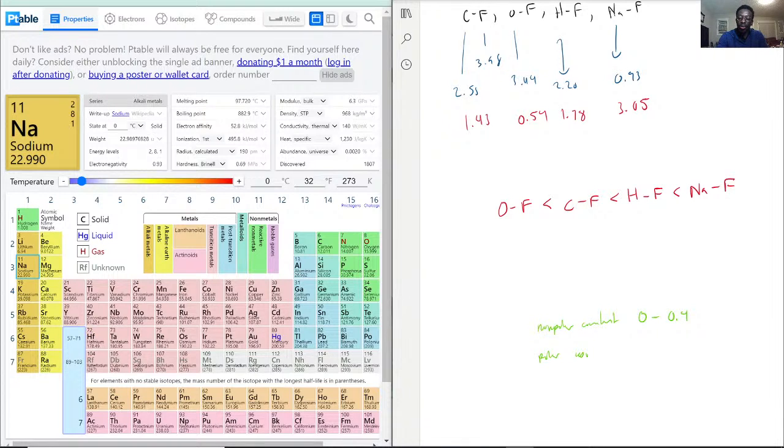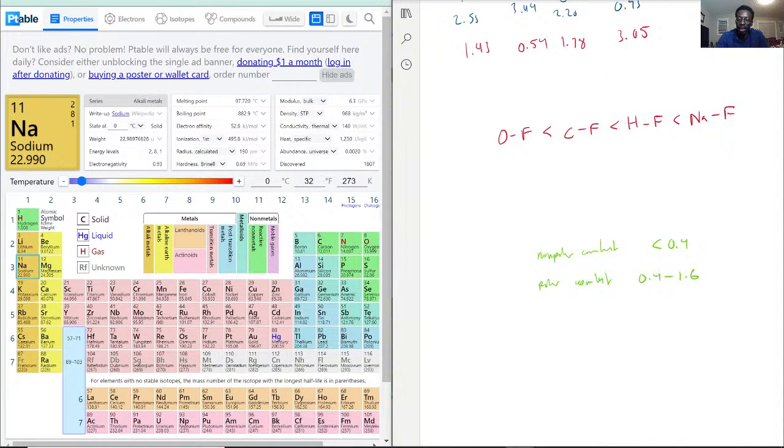Polar covalent is 0.4 to 1.6. And ionic is greater than 2.0. The range between polar and ionic, 1.6 to 2.0, theoretically, if it's a non-metal and a metal, it's still ionic.